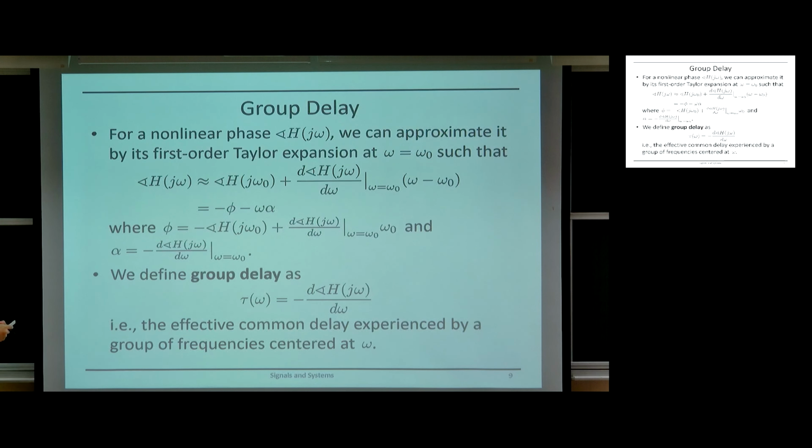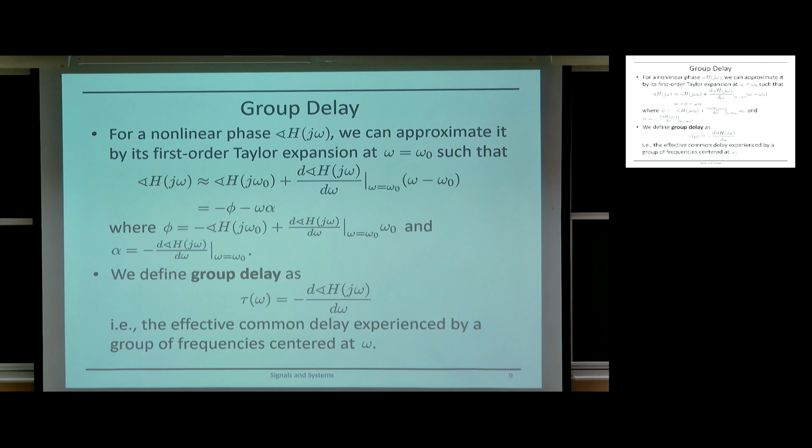This will be equal to the function evaluated at this particular frequency omega naught, plus the first derivative evaluated at omega naught times omega minus omega naught. So we're doing a first order Taylor approximation of this nonlinear phase.